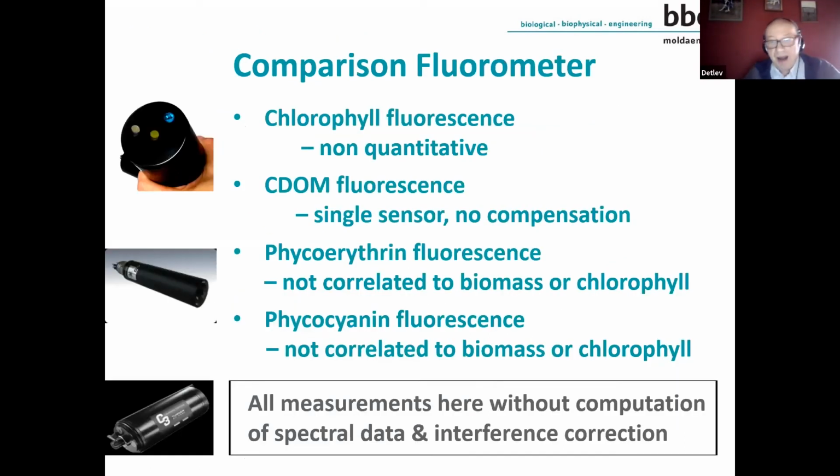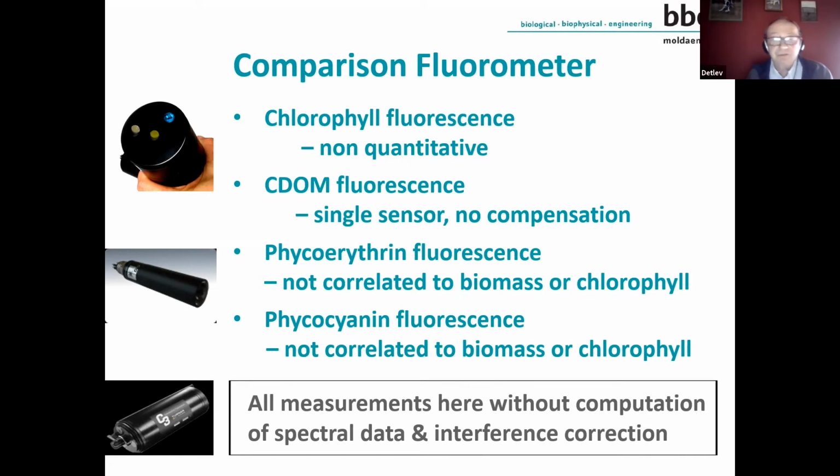When we look at the market, you will find a lot of different fluorometers which are available. They also have some features which are common in fluorometers, but many of them have only relative units. They are not quantitative measurements because they do not have a real calibration inside. So they also measure fluorescence, but the result is given, let's say, in number of cells.